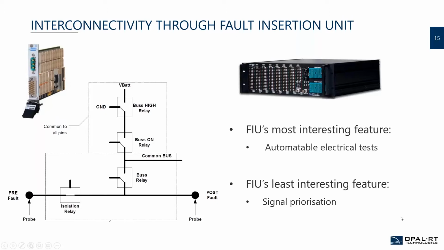But certain temperature sensors aren't that critical to be validated, and if we lose them, the controller will still be able to manage with encoded default values and will still be able to work. So this one might be done manually, so it's not necessarily critical to have it in the automatable box. On this front, you can save on the cost of the FIU.